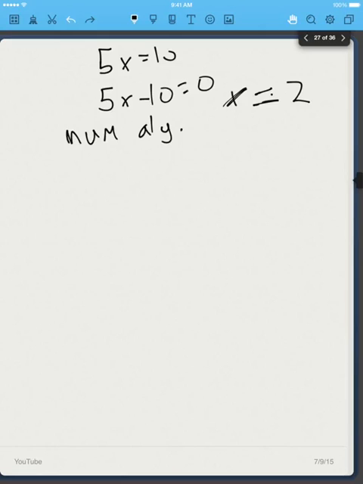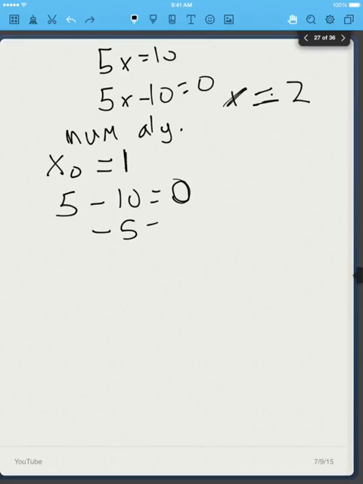If I have some x0, I can guess it to be equal to, let's say, 1. Then I plug it in, so I'll have 5 minus 10 equals 0. That's going to be negative 5 equals 0. We obviously know that's not the case, but because it's negative we know we want to increase this x0.